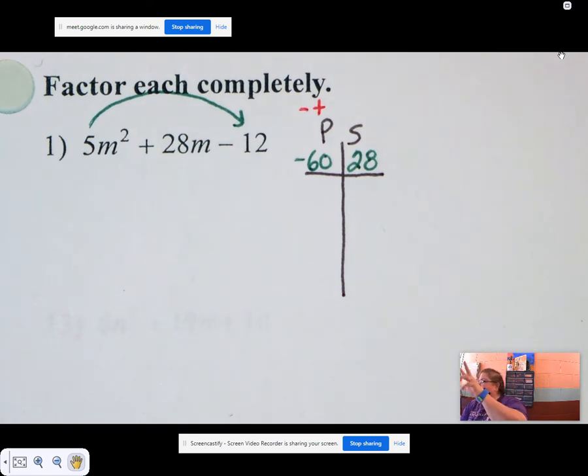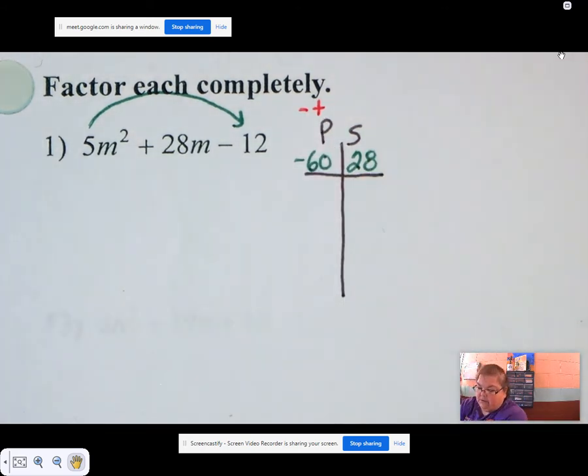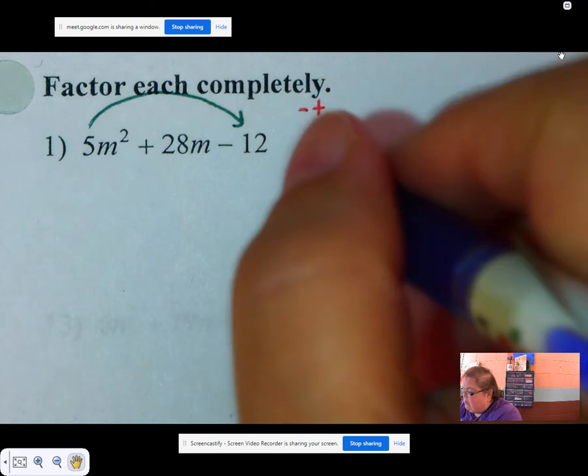This may help you. This may be a tip for you to put this above here to help you out maybe. Or not if you don't use it. It's all good. Now, what can I multiply together to get negative 60, but when I add them, I get 28. Well, we're going to start with 1.